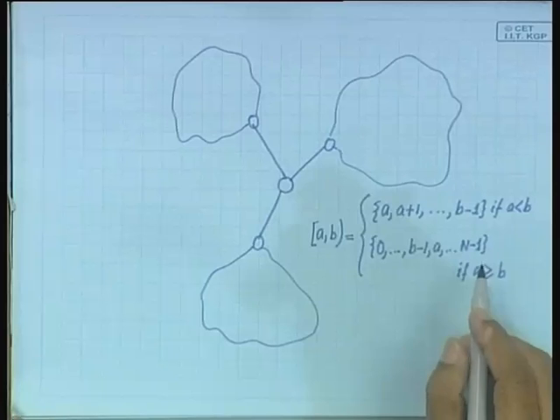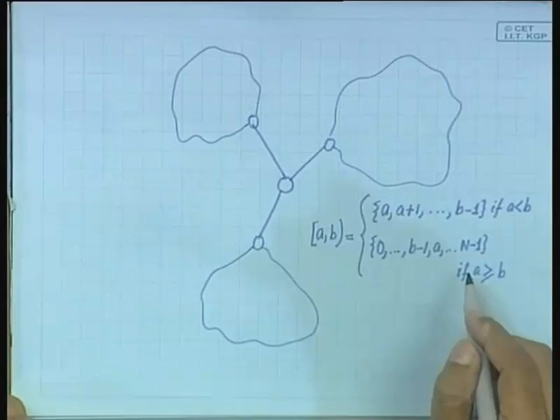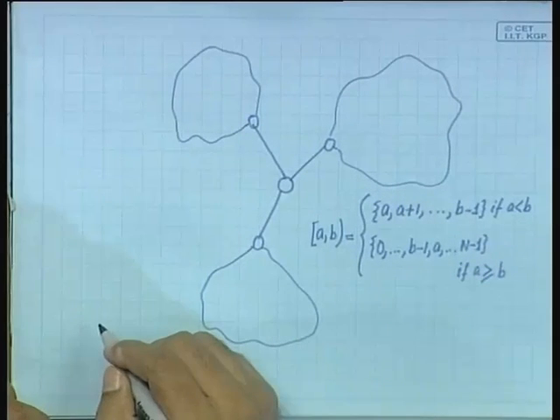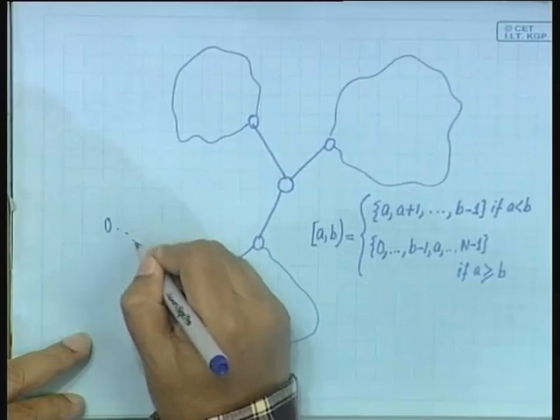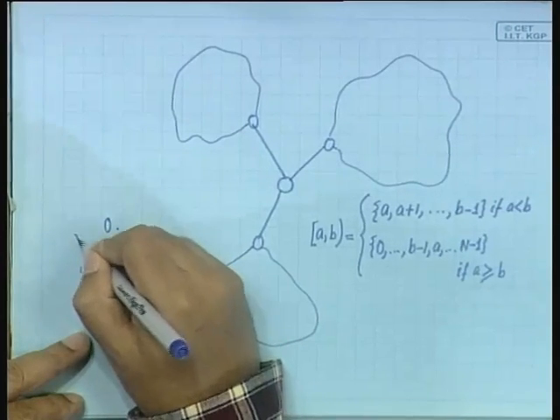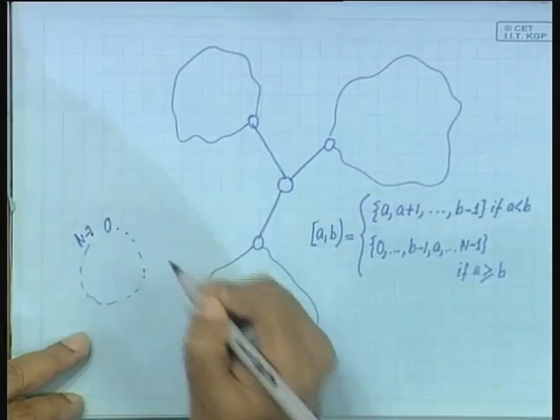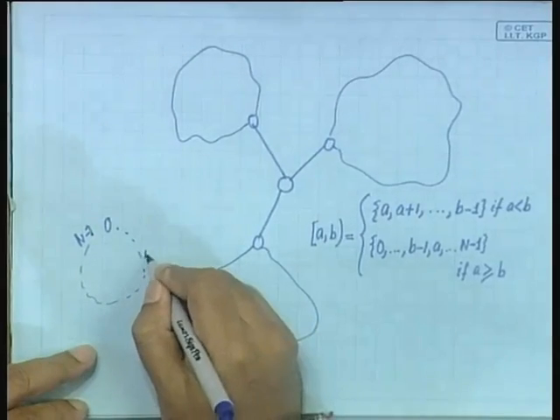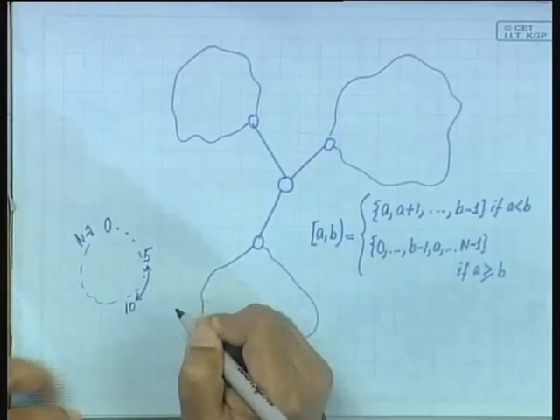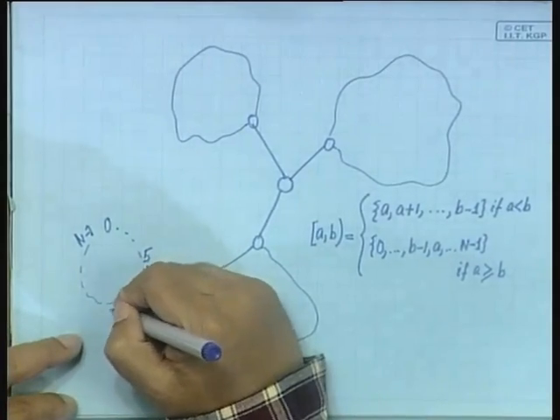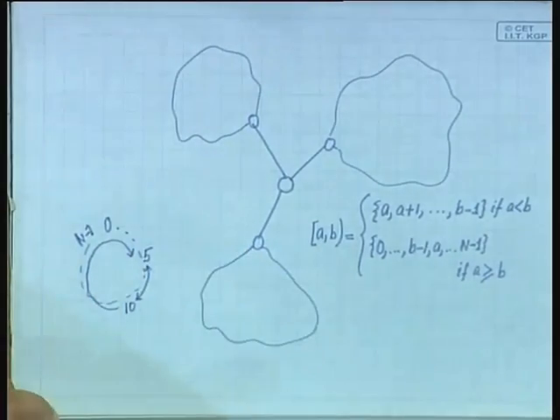So are you getting what this means? This means that we have all the numbers from 0 through N minus 1, okay. Now if I choose for example 5, 10, then it talks about this interval, and the interval 10, 5 is this remaining set of numbers, right.